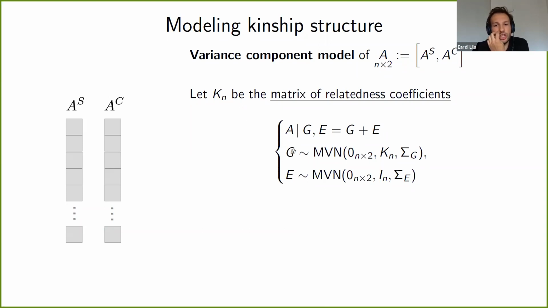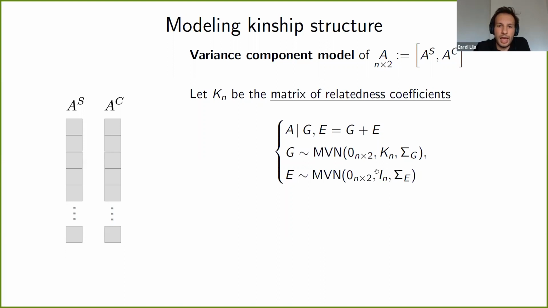And as you see, G stands for genetics here, the genetic contribution. We assume that there is structure across the rows of this data matrix, and this structure is compatible with this matrix of relatedness coefficients that describes the family structure of our data. And Kn is given here, as opposed to the environmental contribution, which is instead compatible with an identity matrix, which means an independent structure across the rows of our data matrix.